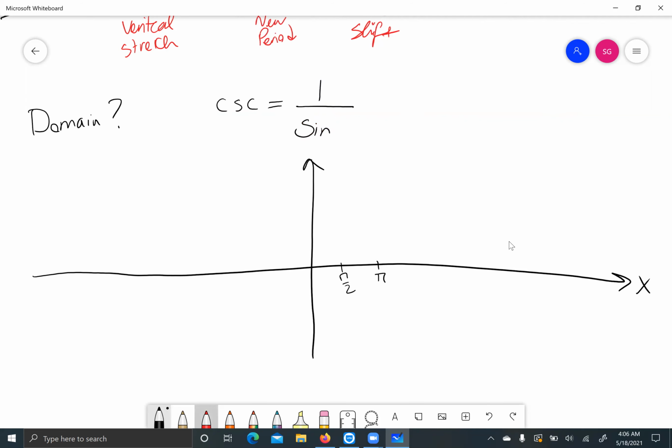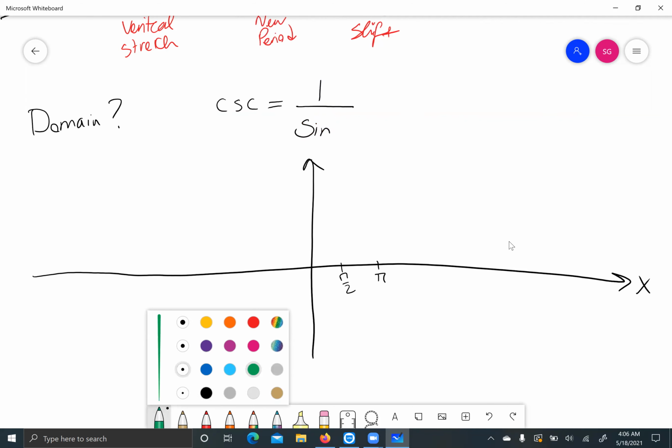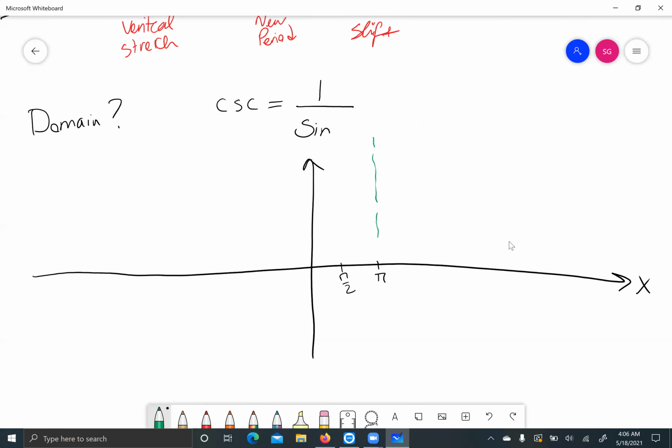Sine is 0 at pi. So we are going to have a vertical asymptote here. Sine is 0 at 2 pi, and so on.